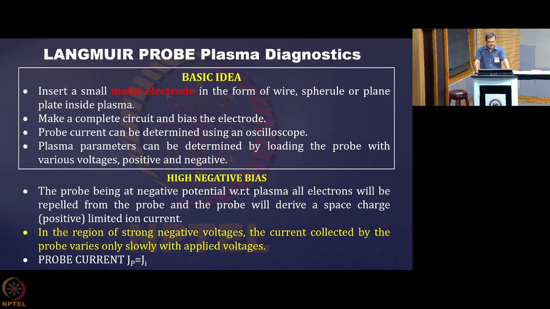And in the region of strong negative voltages, the current collected by the probe varies only slowly with applied voltage. The probe current density Jp is equal to Ji, where Ji is the ion current density. So this probe current density Jp is contributed by the ions alone.